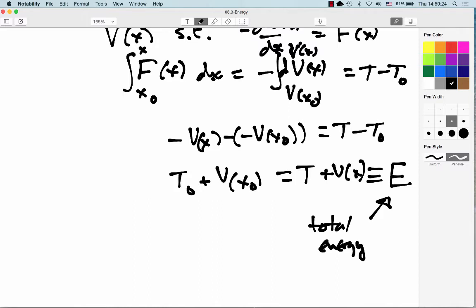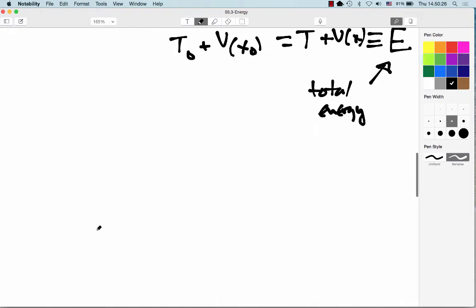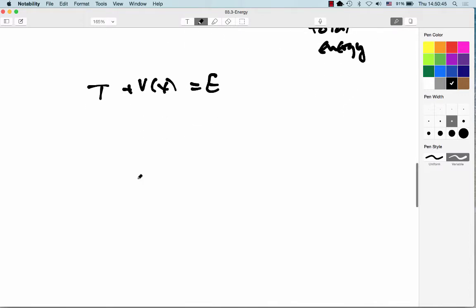Now, it may not seem immediately obvious, but this does at least allow us to relate velocity to position. We can at least formally integrate this. So we'll exploit that T plus V of x equals E. Then we'll assume we know E somehow, initial conditions or something.